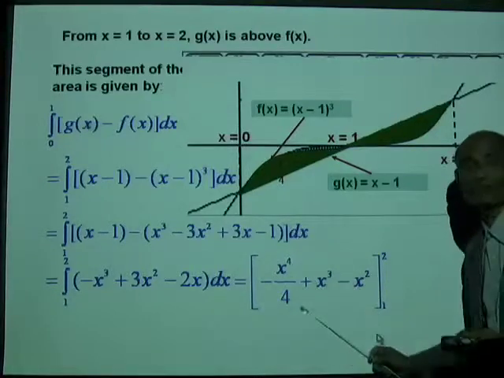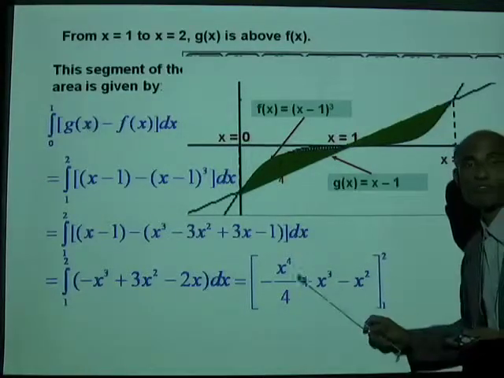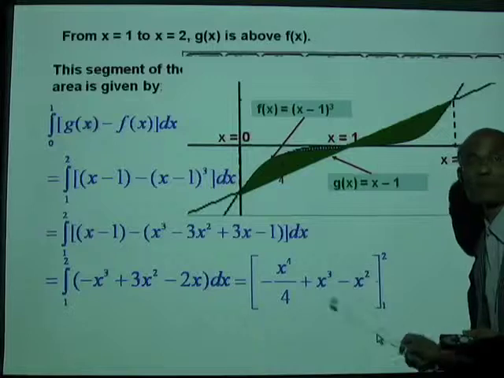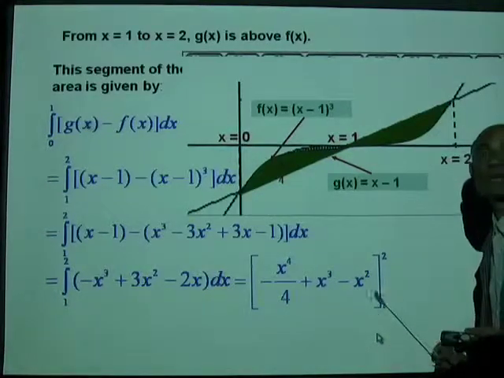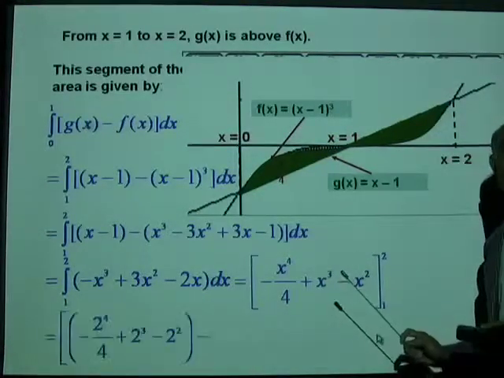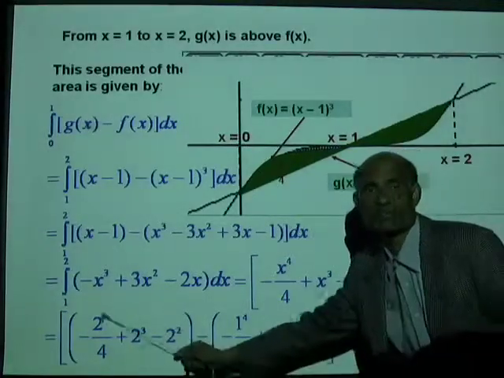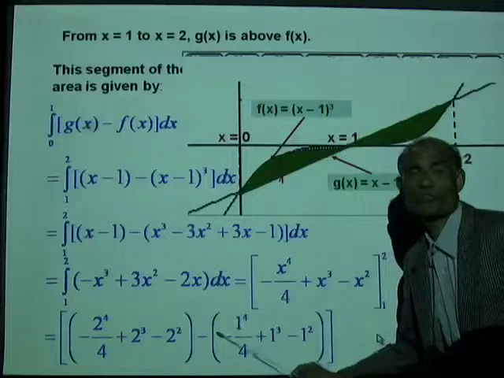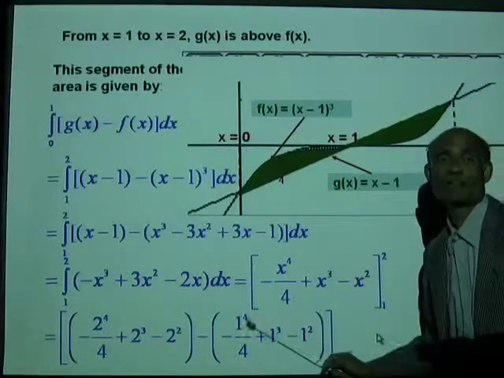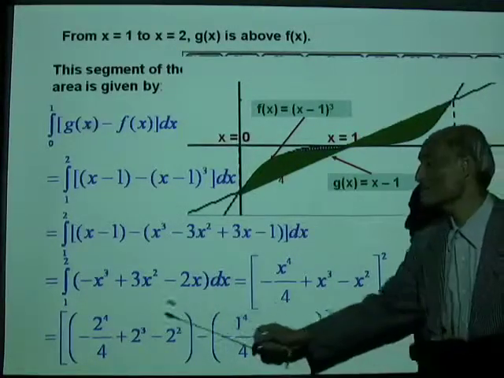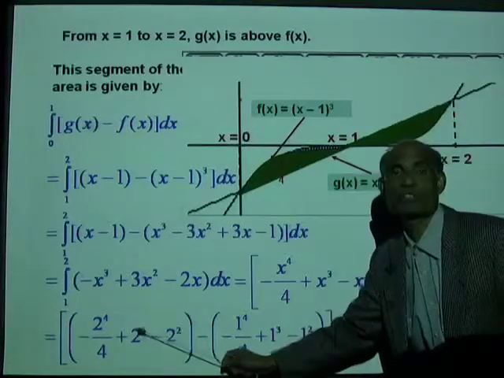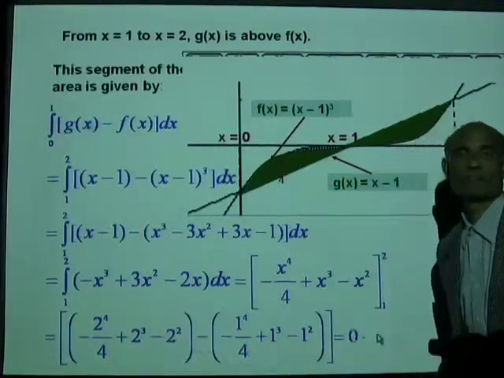Alright, let's find the value of this. Replace x by the upper limit, then minus, replace x by the lower limit. And that will be, replace x by 2, you get this quantity, minus, replace x by 1, you get that. Can you do this now on your own? It doesn't really take a lot of effort.